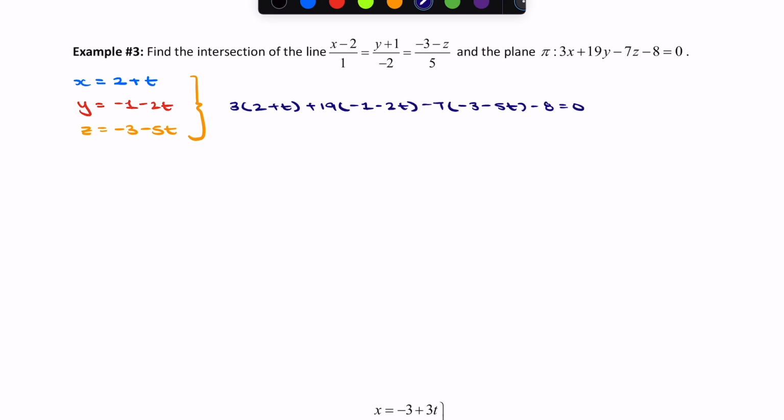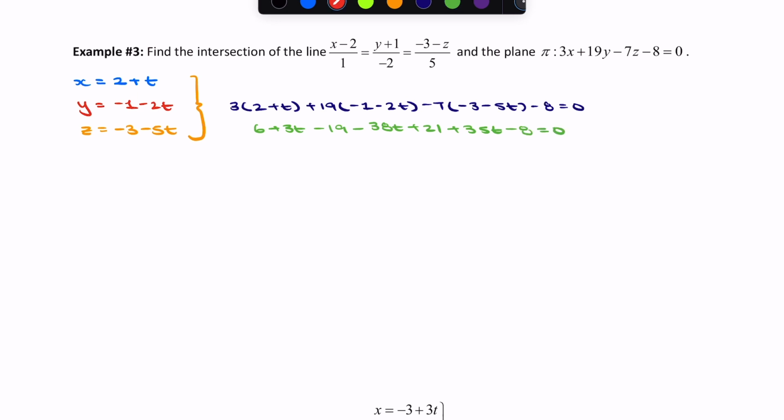If we expand it, we'll get 6 plus 3t minus 19 minus 38t plus 21 plus 35t minus 8 is equal to 0.